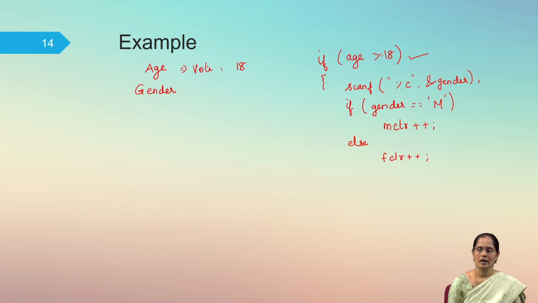Since we have a binary condition that the gender can only be M or only be F, we can make use of the if statement to count the male votes, and we can count the number of female votes.